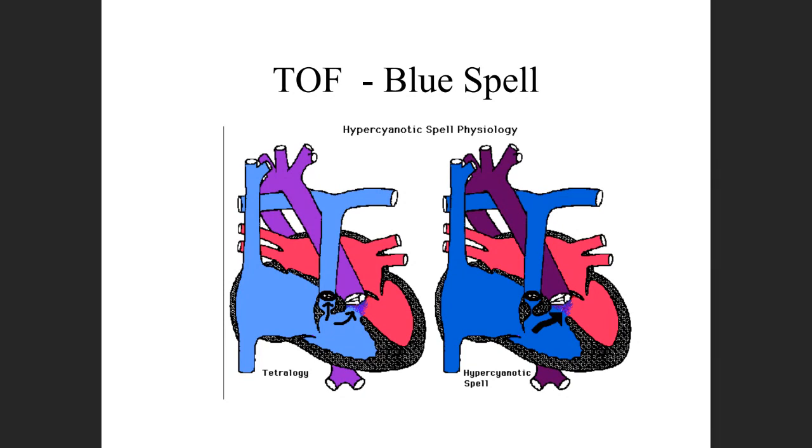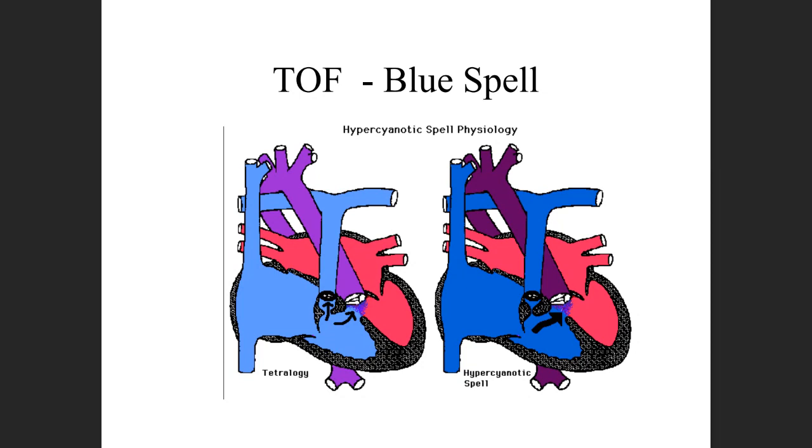And then you will notice that the child becomes increasingly blue, peripherally and centrally, increasingly cyanosed.